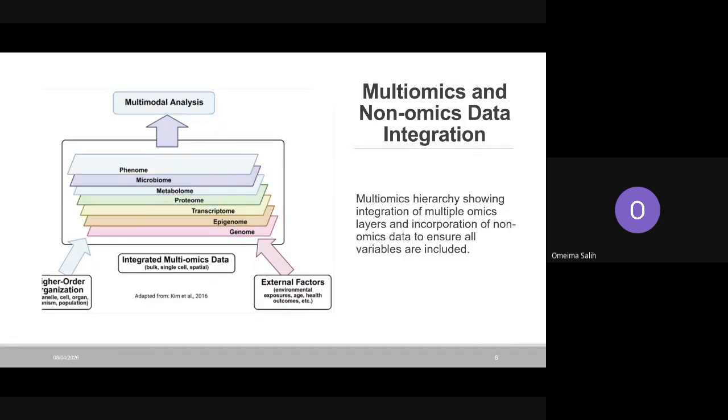Usually, different researchers tend to study the non-omic factors that affect genomes as the first step of studying the first layer of multi-omic studies. We are going to speak more about what type of sample we need, or how to process the samples.